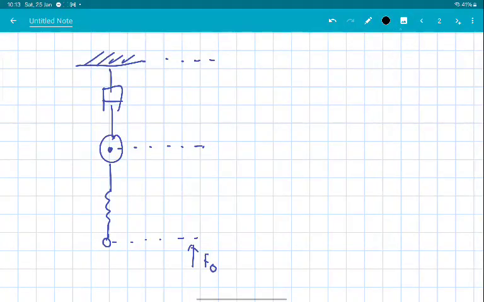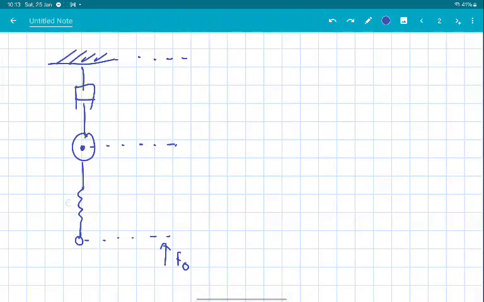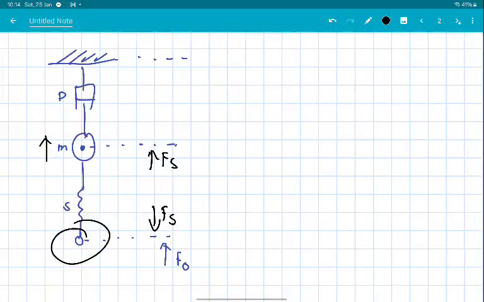So again, let's label our spring. We call this S, and this is M and D. We know our spring goes in this direction. Our mass is going to go in this direction because this is a fixed boundary, and here it's not fixed.